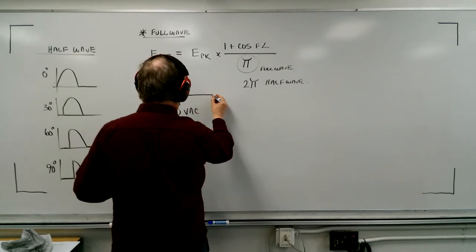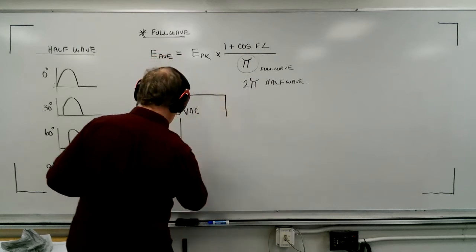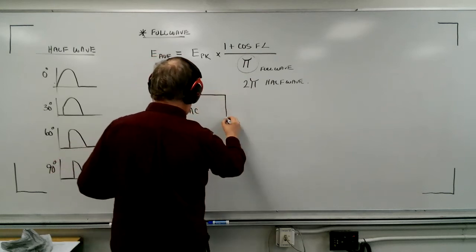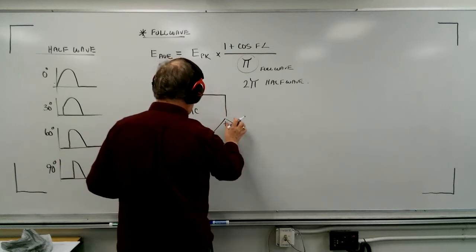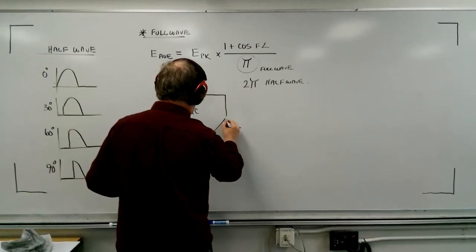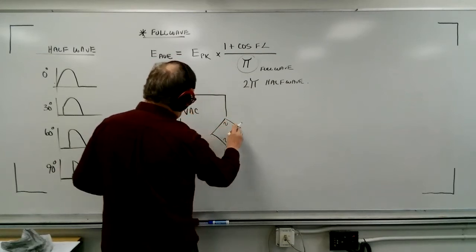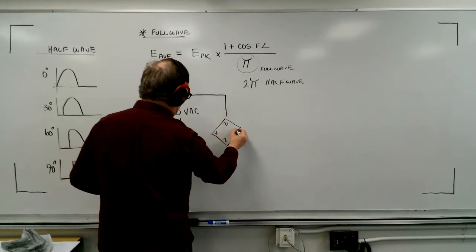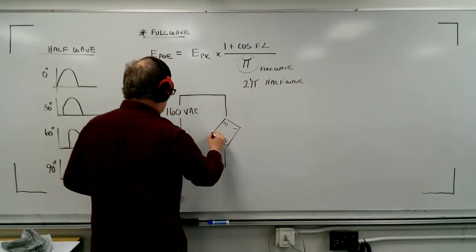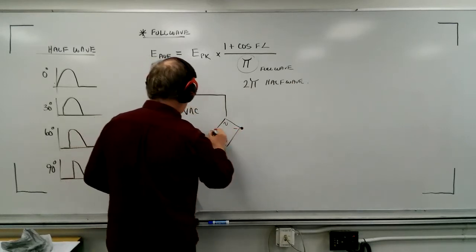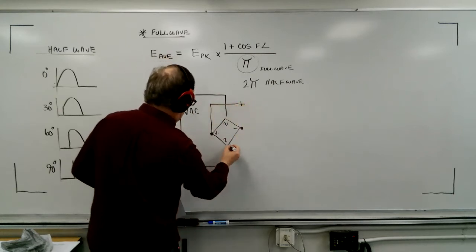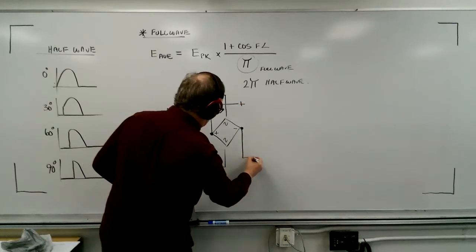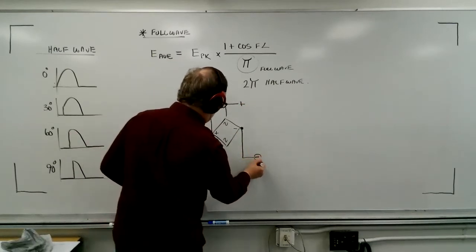What I'm going to do right away is put in a bridge rectifier. That's going to be the AC points there, so AC, AC, and I'm going to make this positive and this negative. So I'm going to go from these corners now. I'm going to take this line up. Remember, this is positive. I'm going to take this line over here. This is negative.